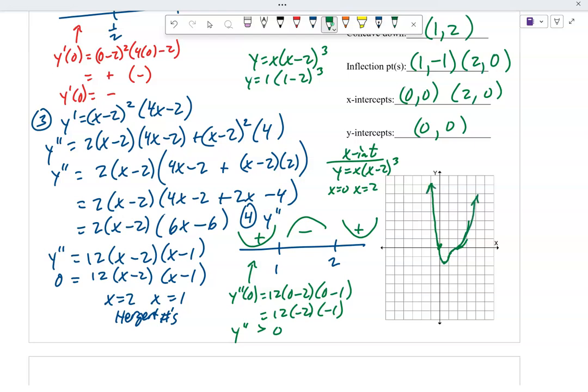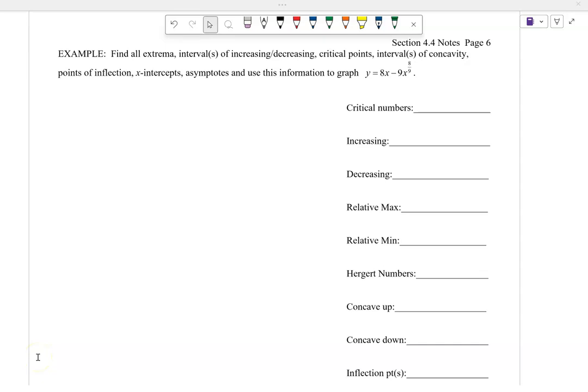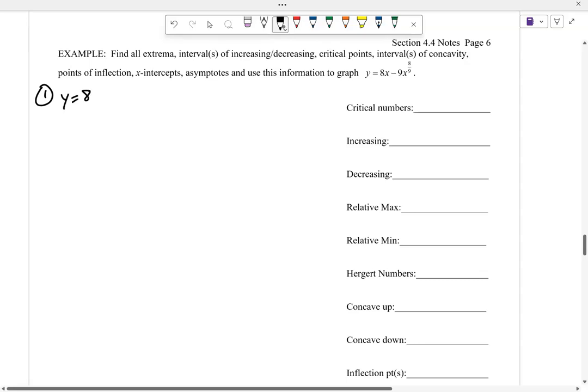And that's a pretty decent graph if you were to plug that into your graphing calculator just to take a look at it. All right, let's do the same thing for this next one here. Number one, we've got y equals 8x minus 9x to the 8/9. Let's take our first derivative.